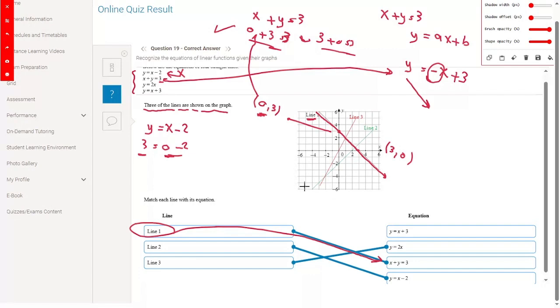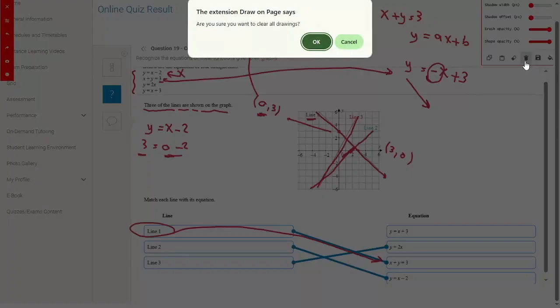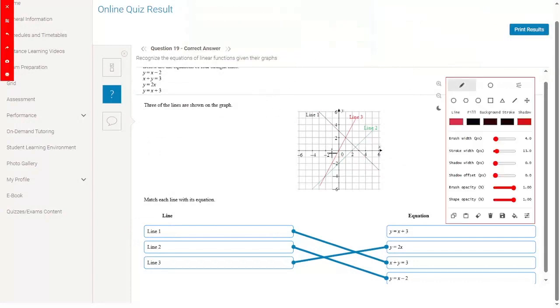Now let's see line 2. Line 2 is increasing, so the slope is positive, and line 3 is also increasing, so it will be positive. Now let's take line 2 for example. Here we have two points where it intersects the x-axis and y-axis.